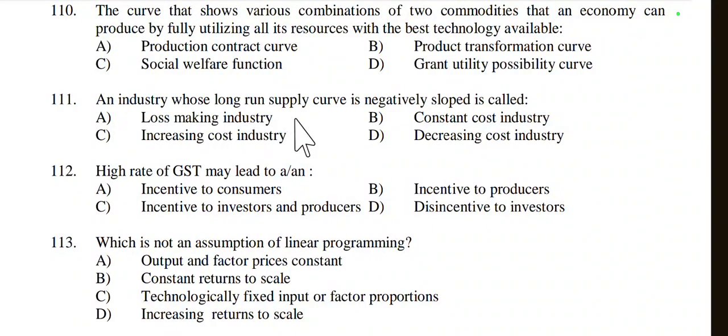It is called decreasing cost industry, because the long run supply curve is negatively sloped, meaning that as the industry expands, the average cost of production decreases, due to factors like economies of scale, improvement in technology, or better utilization of resources.